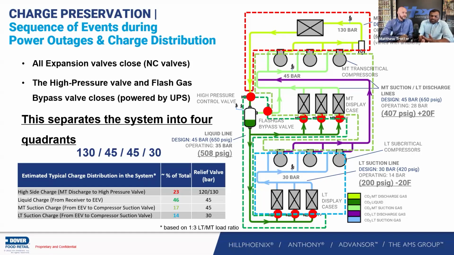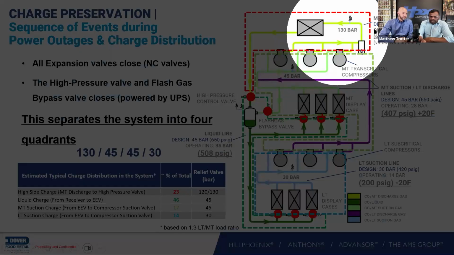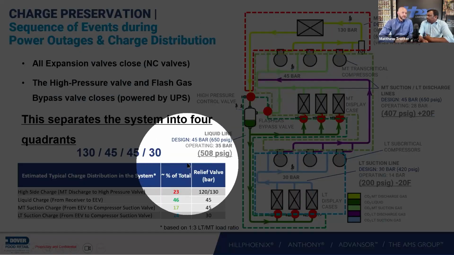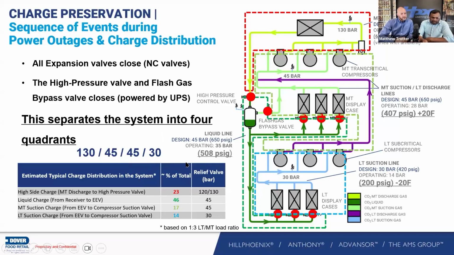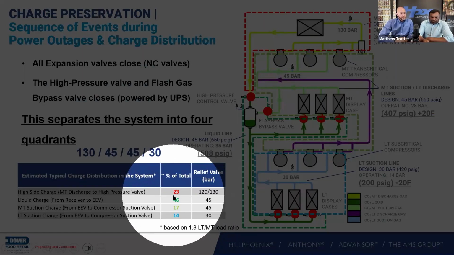But since your CO2 temperature is high on those lines, it will cool down to close to ambient temperature. So the pressure will drop at that time. Even if the temperature goes up, the pressure may increase only slightly. And this charge is protected by itself, the high side. So we don't need to worry about the charge on the high side, which is about 23% of your total charge. And then the major charge is 46. We will go over this liquid charge later.